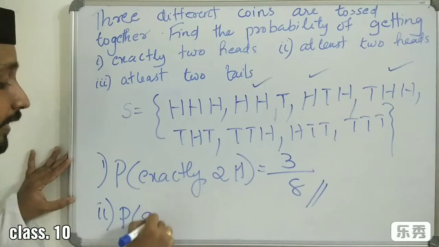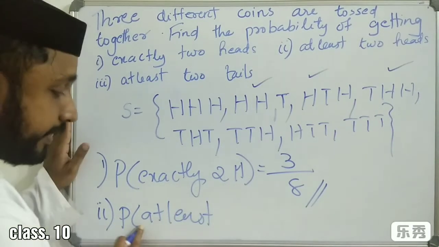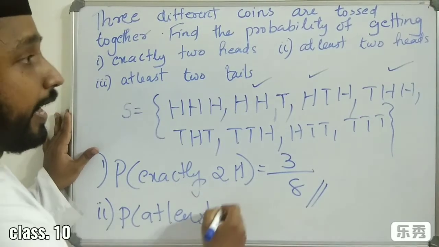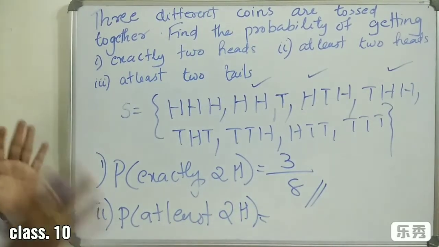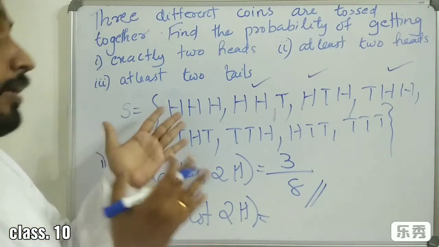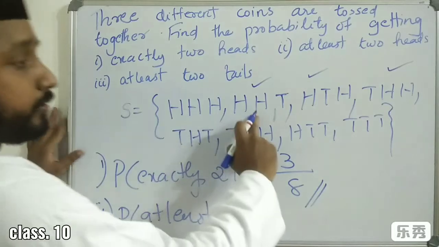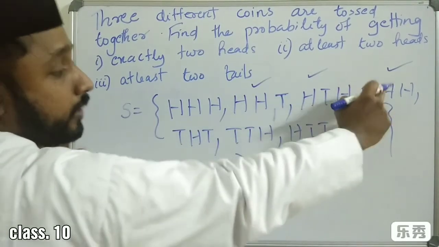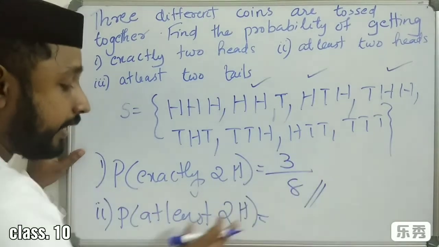Second question. Probability of at least. Please study these words, exactly and at least. At least 2 heads. At least 2 heads means we need at least 2 heads. If 3, no problem, we can include. So here 2 heads, here 2 heads, here 2 heads, here 1, here 1, here 1, here 1. We need at least 2.